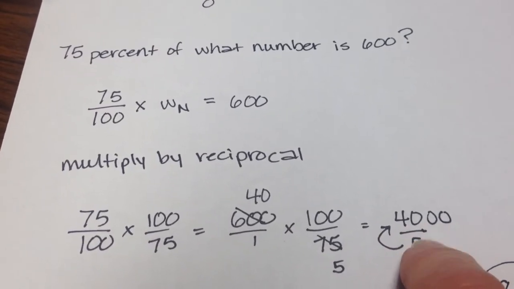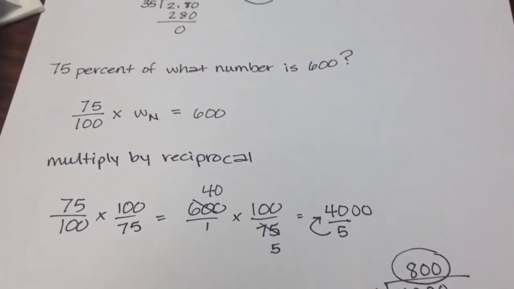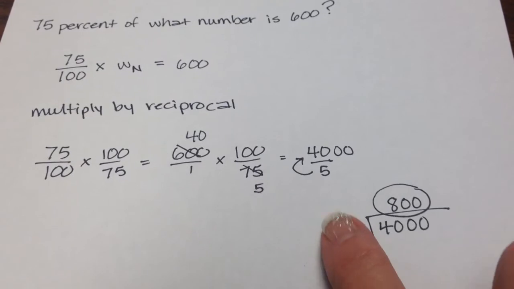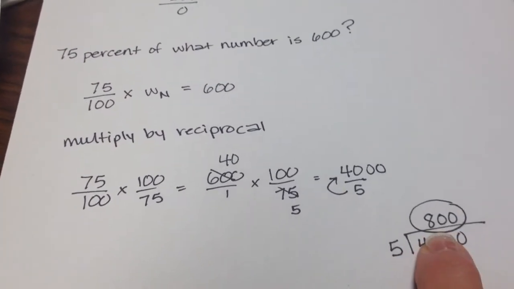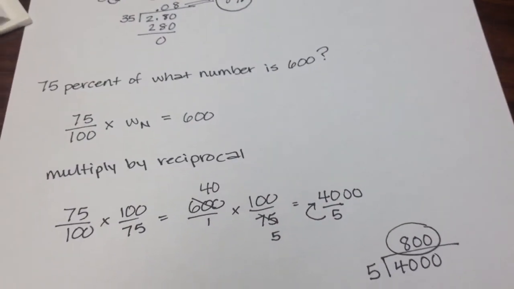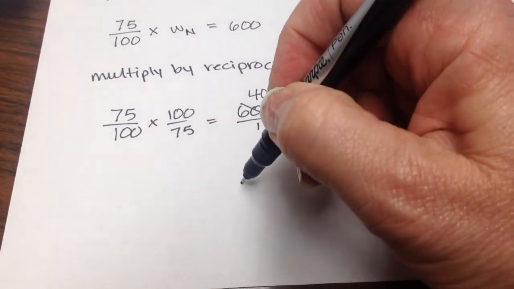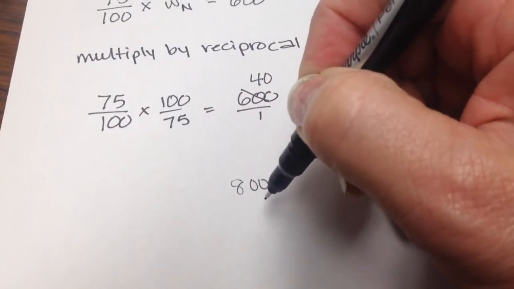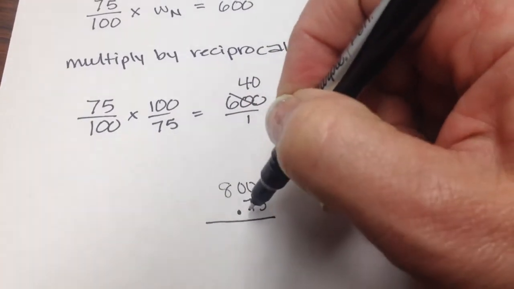I need to get a percent, or not a percent, I need a number. So I'm going to divide 5 into 4,000, and I get 800. Now I could check to see if we did that correct by just putting 800 where the "what number" is. So 800, and if I say 75%, you know that's just 0.75.